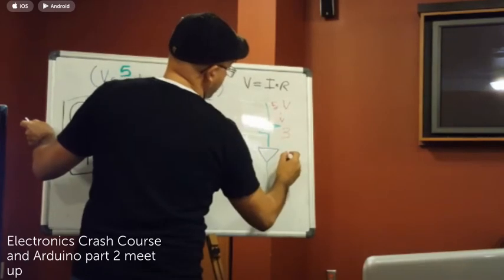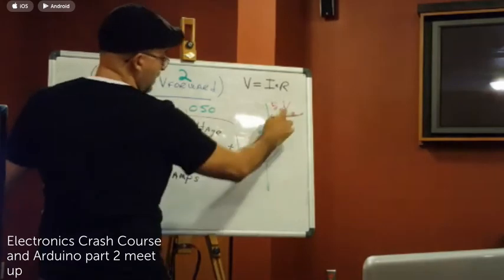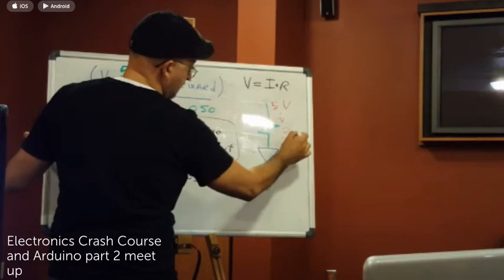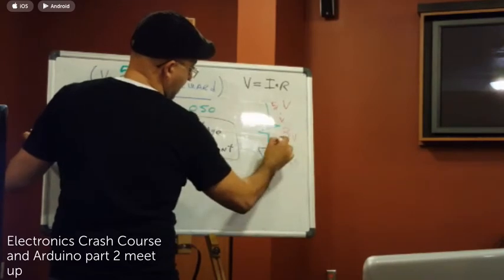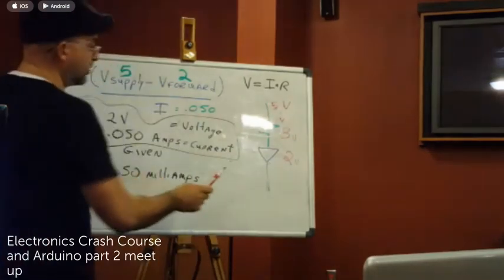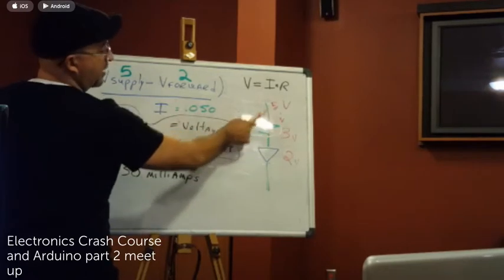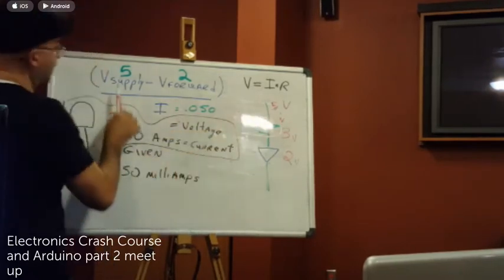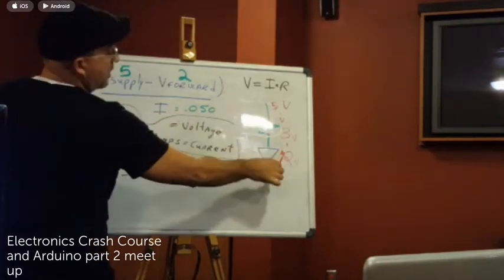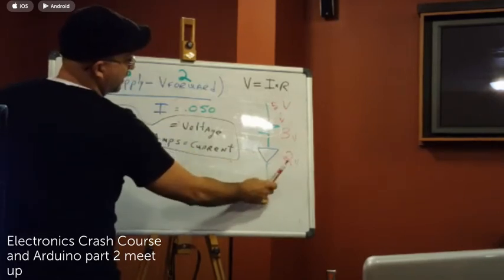If 3 volts are dropped out by this resistor, then what do we have? 2 left across here. And that's the 5. So for this to work, we need to drop out 3 volts out of here. 5 minus 2 is 3 volts. We're dropping 3 with the resistor, and that's going to create only a 2 volt drop here, and it's going to limit the current.